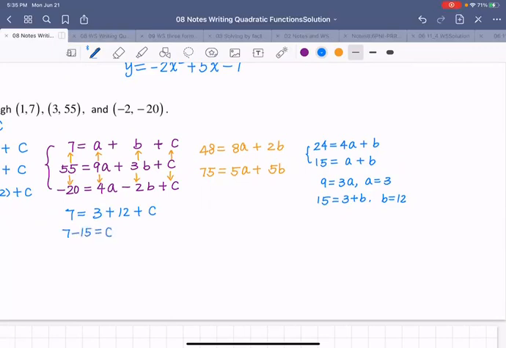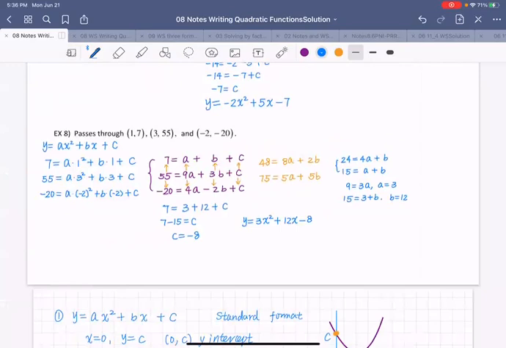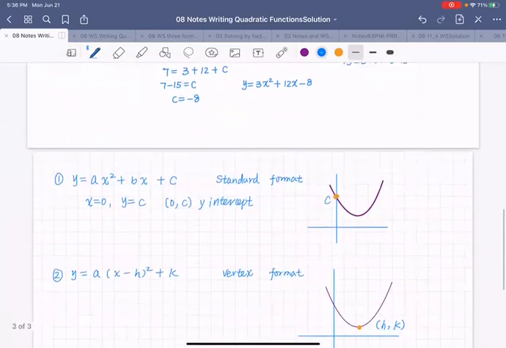Good job. So y equals... so y is equal to 3x squared plus 12x minus 8. Beautiful. Very nice. Thank you, Elizabeth. You do very well. Very good.